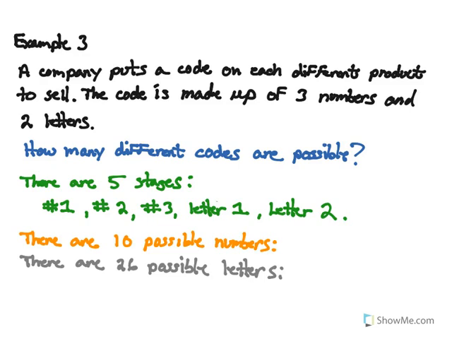So there are 5 possible stages, because you have 3 numbers and 2 letters, so that's 5 possible choices, if that makes any sense. You're choosing between these 3 groups of numbers and then these 2 letters, okay?